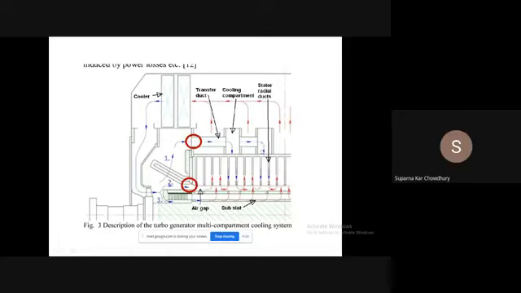The only main disadvantage is that we know a hydrogen oxygen mixture is explosive, so certain precautions have to be taken. But actually the explosion only takes place at a particular proportion. So normally it is kept pure, almost 98% pure hydrogen is circulated.